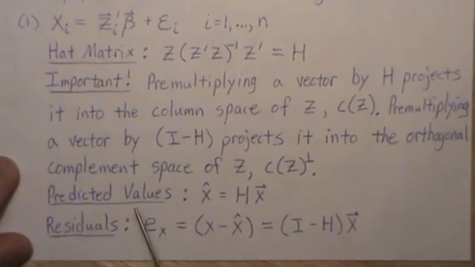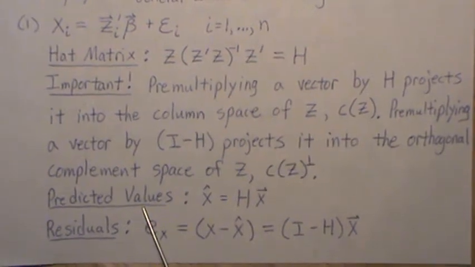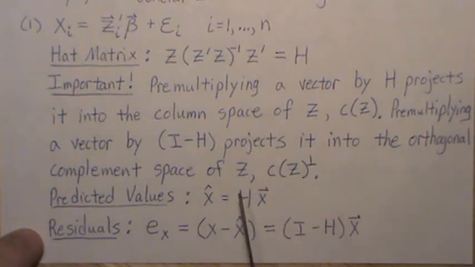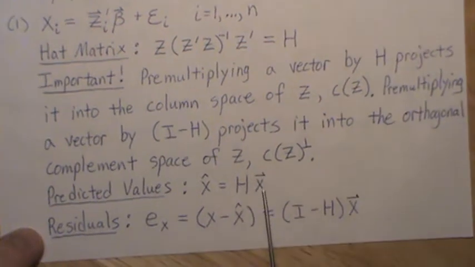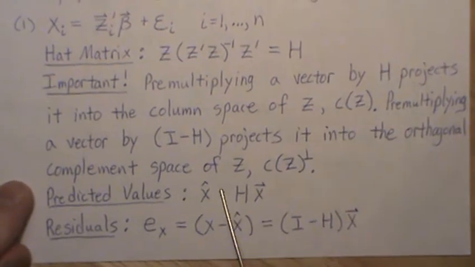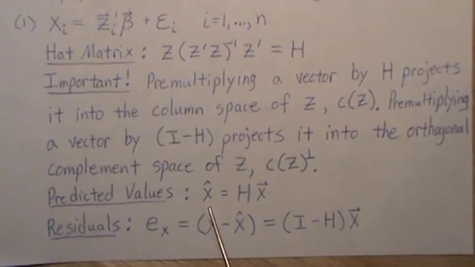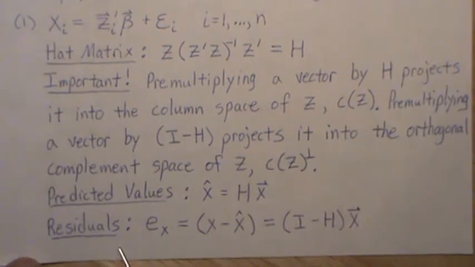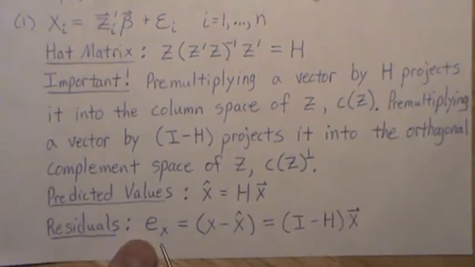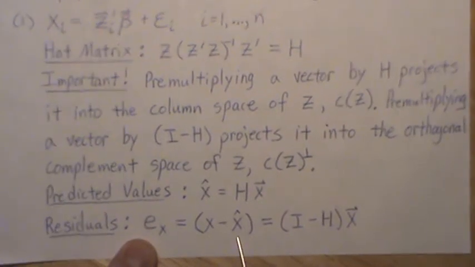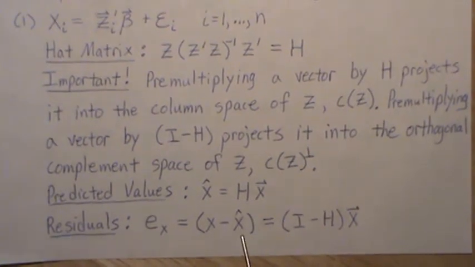So then we take the predicted values. Remember, we want to find the residuals. So the predicted values, which we call X hat, we obtain from the hat matrix times the X vector, right? Because it projects it down into the column space of Z, which is then our predicted values. So to calculate the residuals, we take our data minus the predicted values, and those are the residuals.